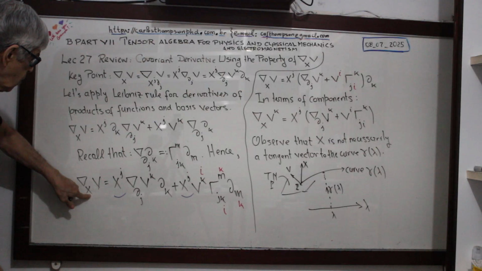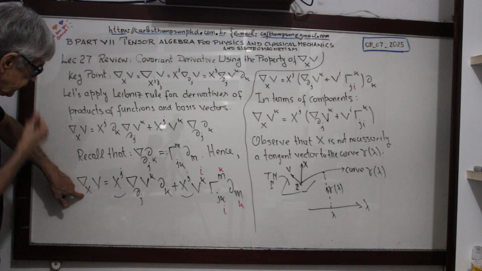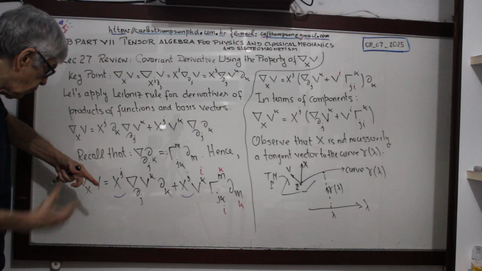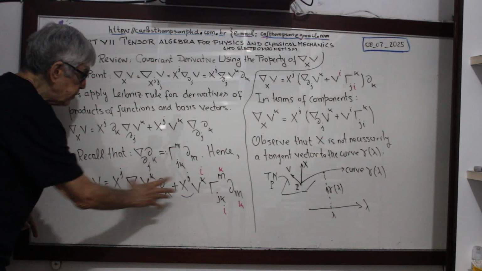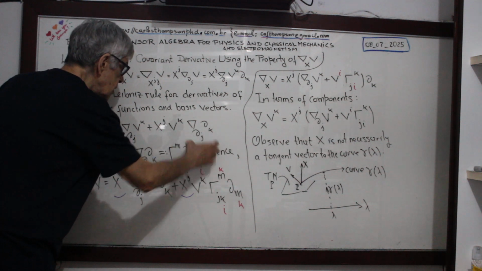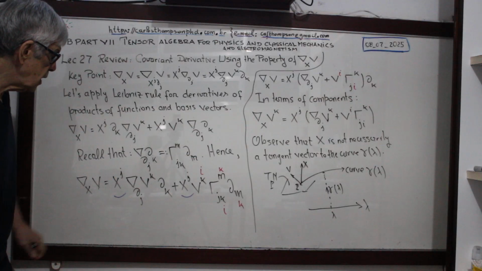Hence, now I just substitute. The covariant derivative of v with respect to x, the covariant derivative is X^j. Now I just repeat over there and substitute this term using the Christoffel symbols.